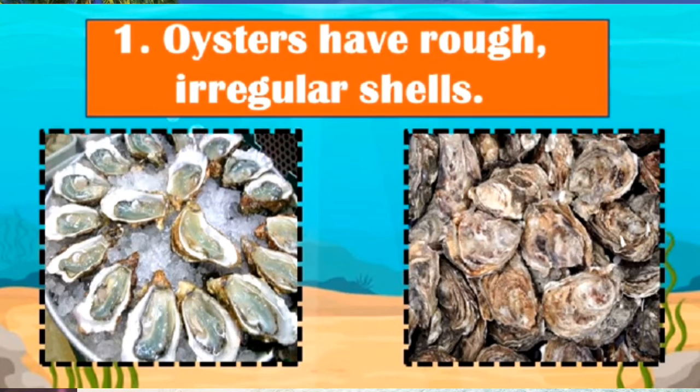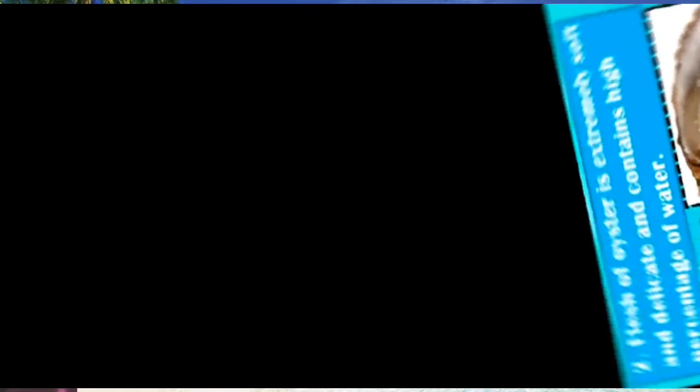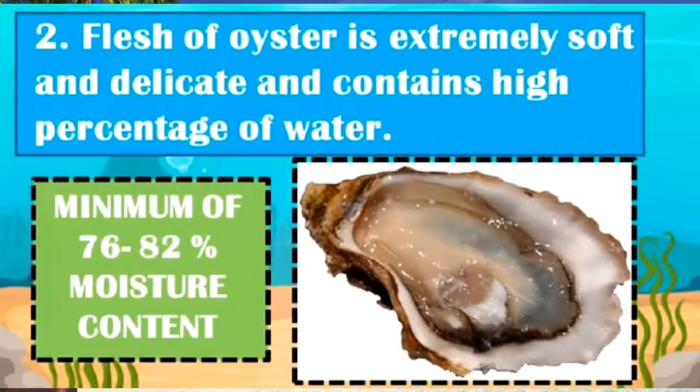Oysters have rough, irregular shells. The flesh of oyster is extremely soft and delicate and contains a high percentage of water.